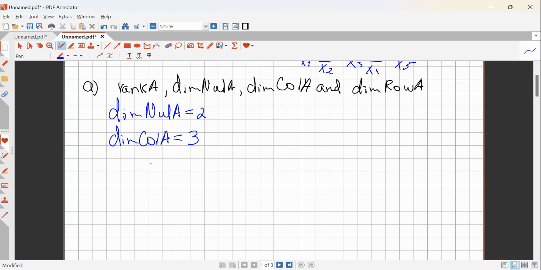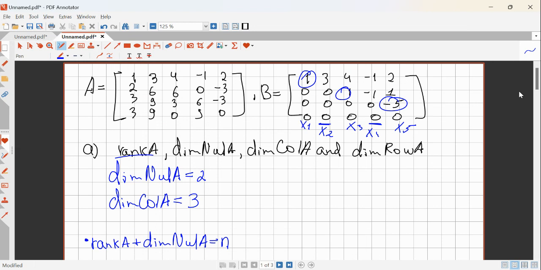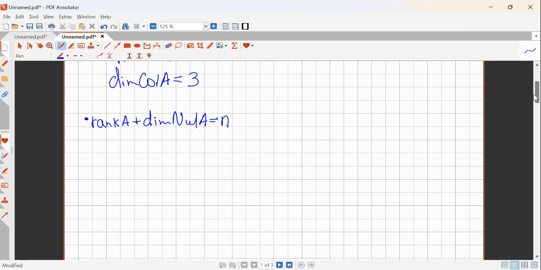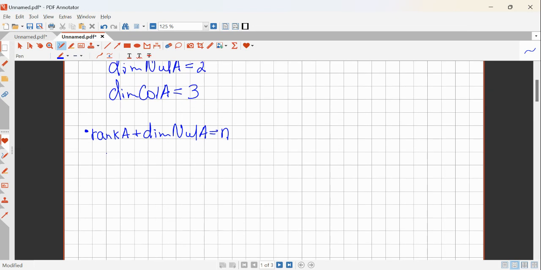I will write the formula: rank A plus the dimension of the null space equals the number of columns. Since we have 5 columns, n is 5. The dimension of the null space is 2, so rank A equals 5 minus 2. Rank A equals 3.